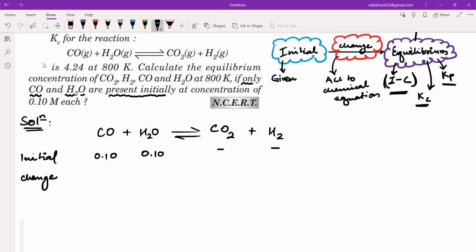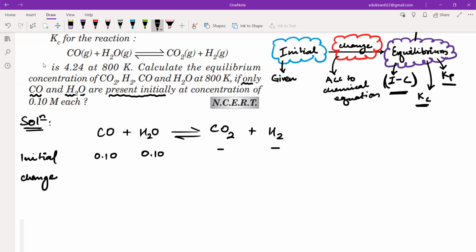Others. Now tell me, what is the change for CO? Minus x. The amount of CO will increase or decrease?